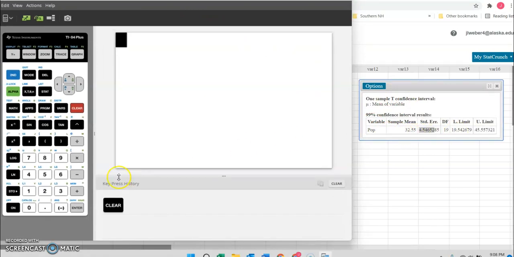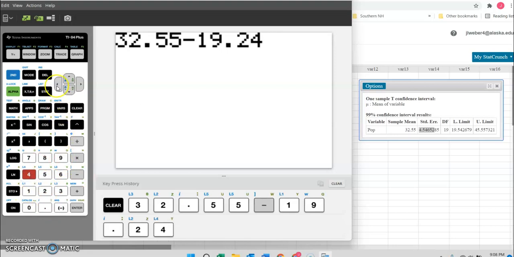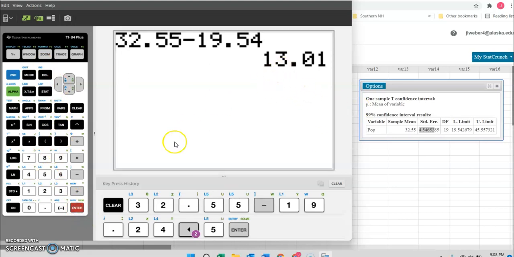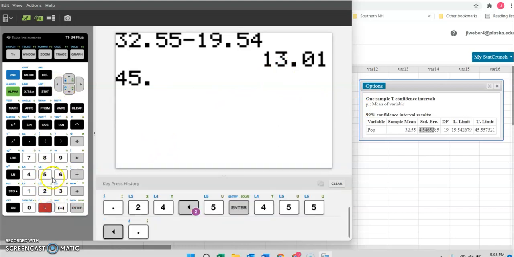So if I take 32.55 minus 19.54, then E is 13.1. I can do it the same from the other side, 45.56 minus the mean.